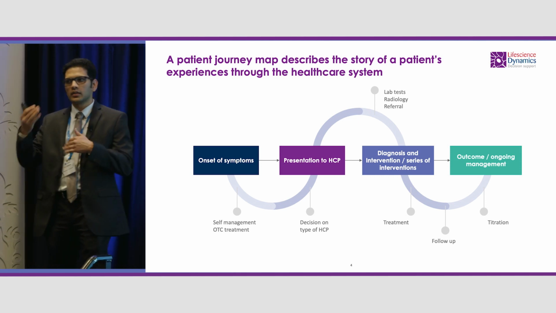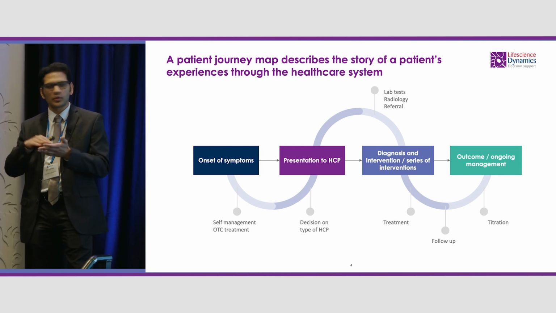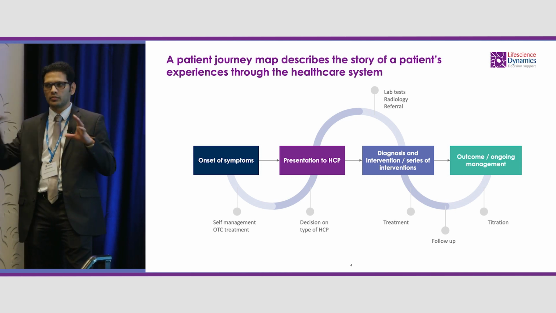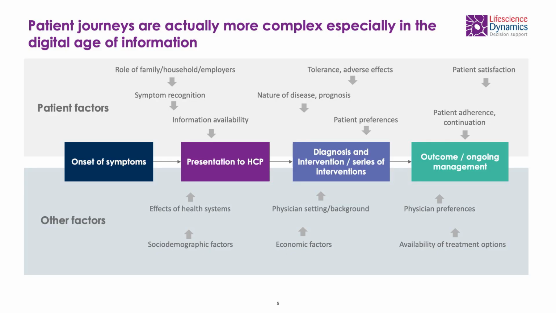And what's causing this deviation from the central, rigid straight path are several influencing factors. There are patient factors, as well as other factors outside the direct influence sphere of the patient or the physician.